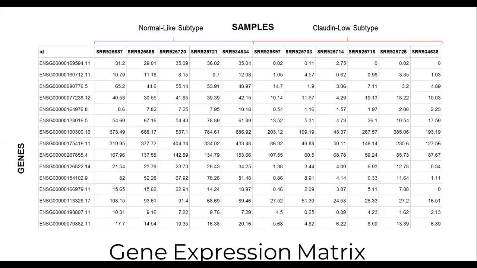And on the top, we have sample names, which start with SRR and then a series of numbers. What we have in the central part is a matrix of values that represent gene expression levels.